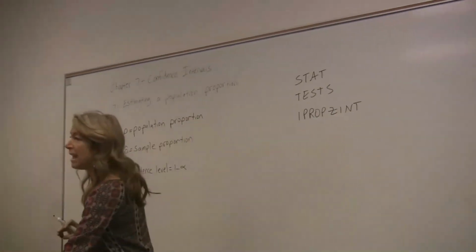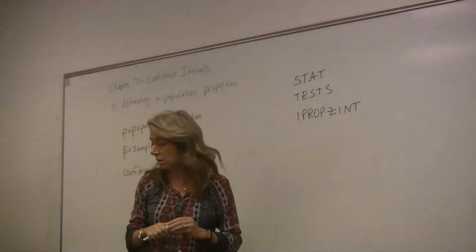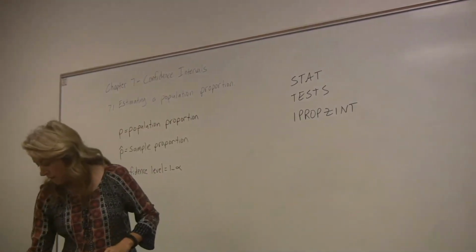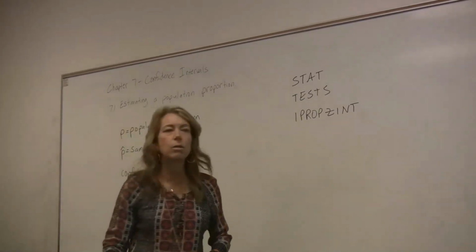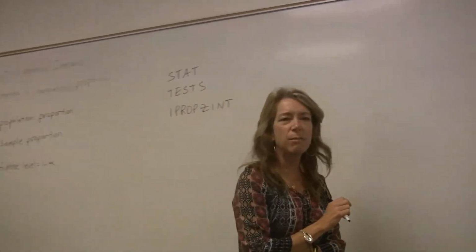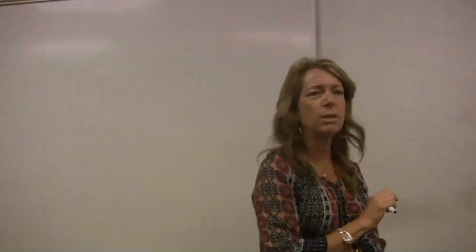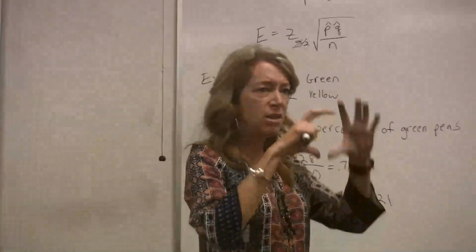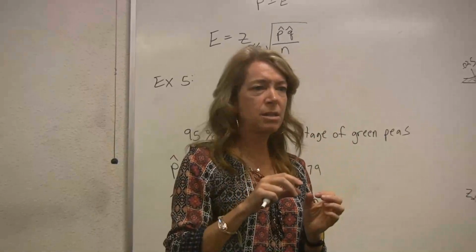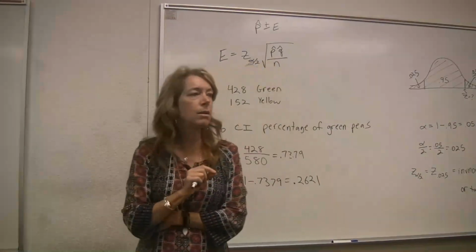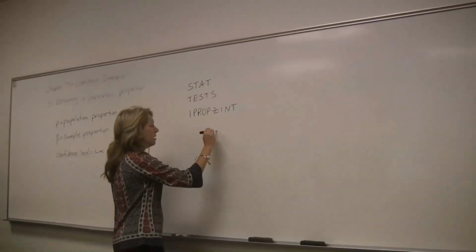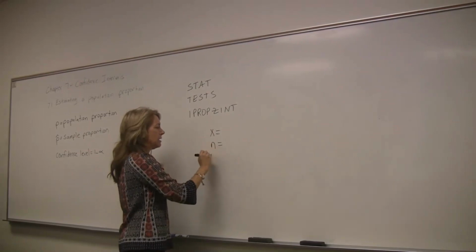I want to make sure you all find that button first. I don't remember off the top of my head what the old calculator asked for. Kevin, you have one of the old ones. Did you find 1 prop z int? Does it just start with 1 prop z int in parentheses, or does it ask you for certain things? Asks for X. Okay, good. I couldn't remember. So it should ask you for X, N, and C level.